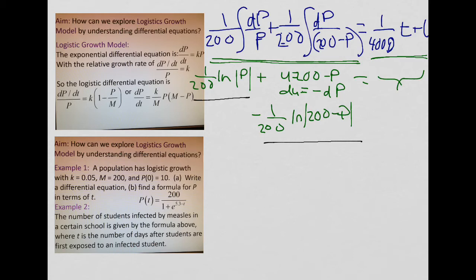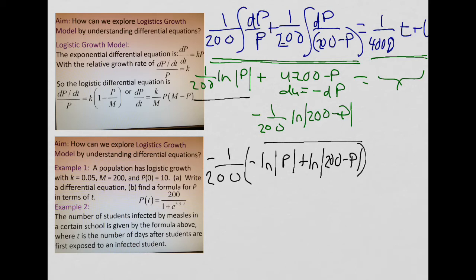I'm going to take out the negative only because I like to work with positive numbers. But that would leave me with a negative ln absolute value of p. That's okay. There are log functions, so I can combine these two expressions together.